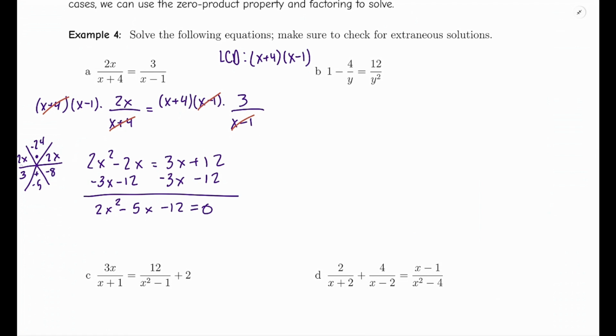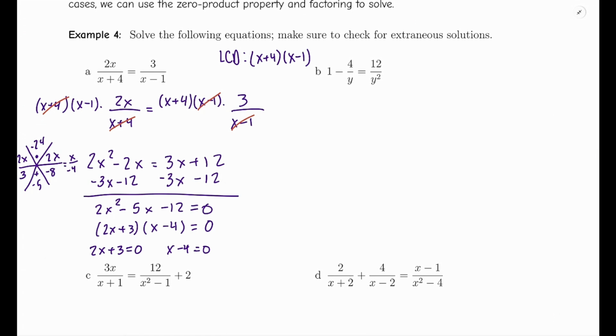Don't forget, if either of these fractions can be reduced, reduce it. So this can reduce to x over negative 4. So that means we get 2x plus 3 times x minus 4 equal to 0. Well, that means 2x plus 3 has to equal 0, or x minus 4 has to equal 0.